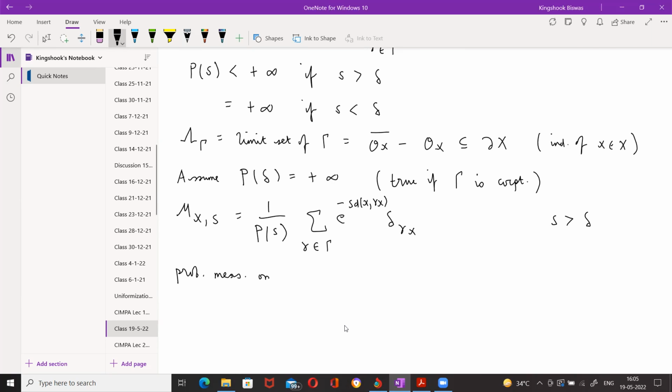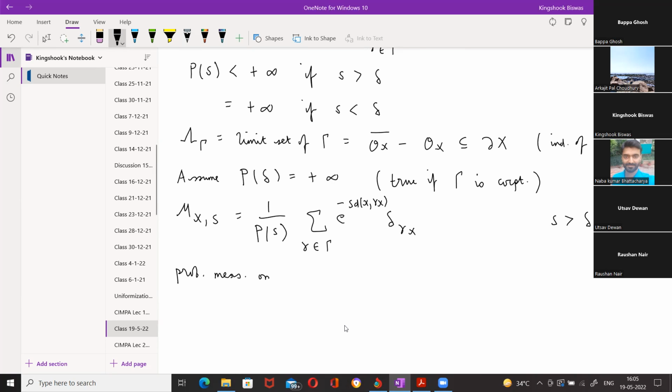on the orbit of x, right? So I can take it as a probability measure on the orbit of x union the limit set, which is some compact subset of x union boundary x.